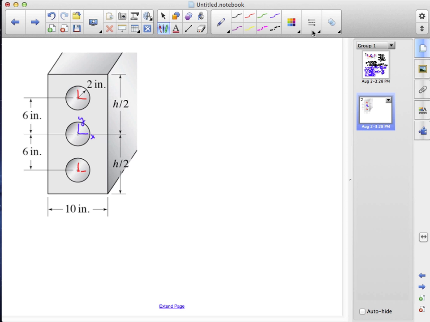For Ix, we have for the overall rectangle bh cubed over 12. Again, we'll omit the dimensions, but everything will be understood to be in inches. B is 10 inches. Our height is h.